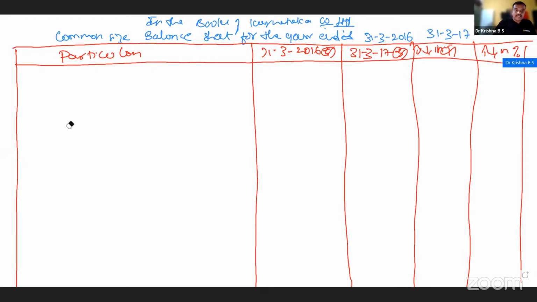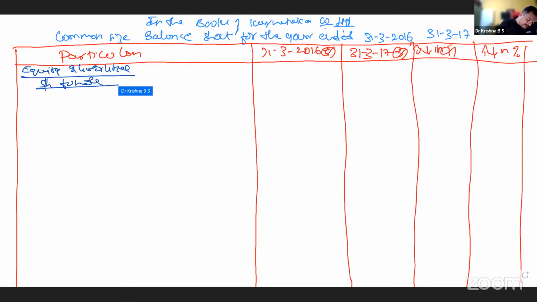The first one is equity and liabilities. Under that, shareholders funds. Next is non-current. Okay, we are doing this one, no?